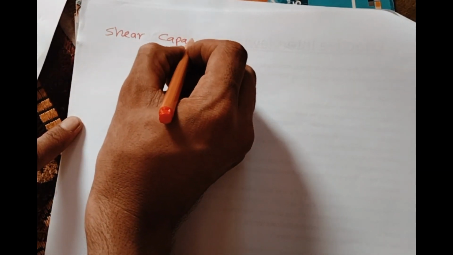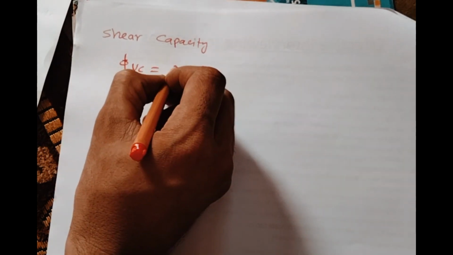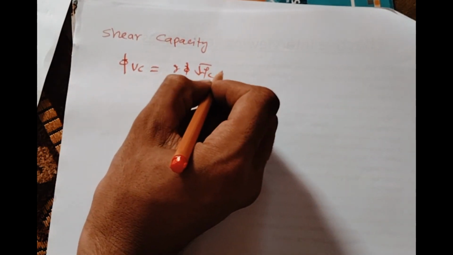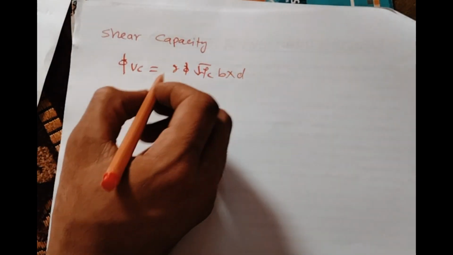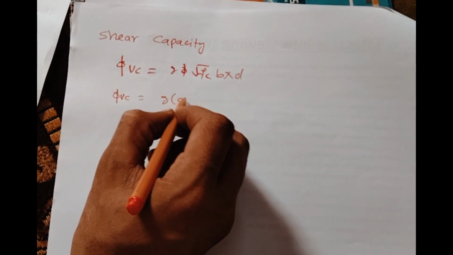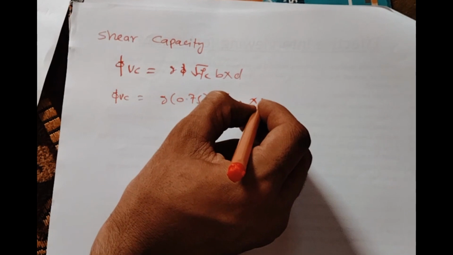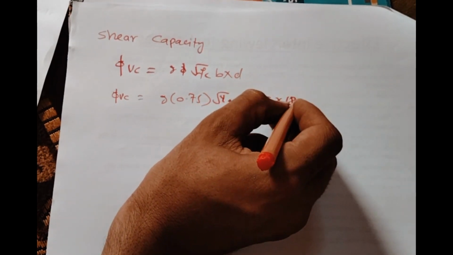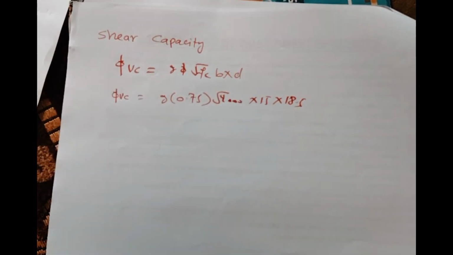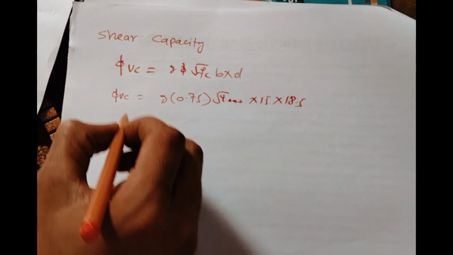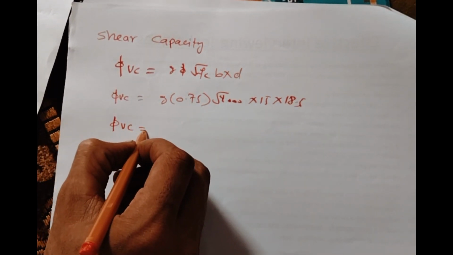Shear capacity is equal to phi Vc, which is equal to phi times 2 root fc prime times b times d. Phi is equal to 0.75, which is the shear factor. fc prime is 4000, multiplied by 15, multiplied by 18.5, which is the effective depth.